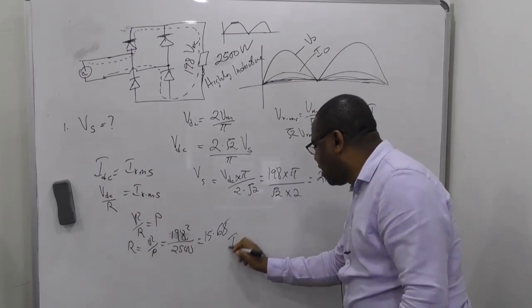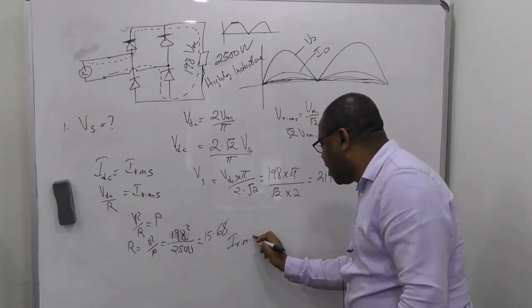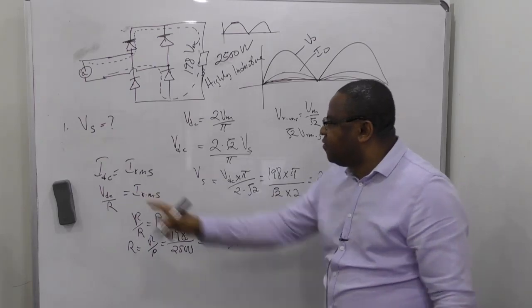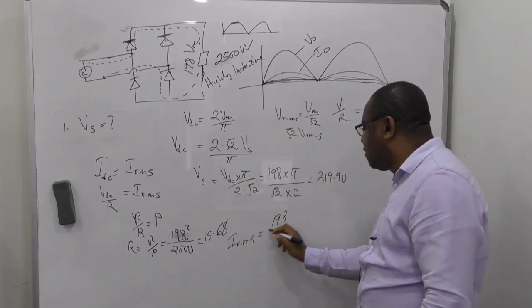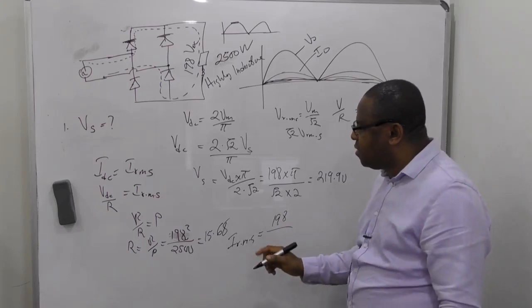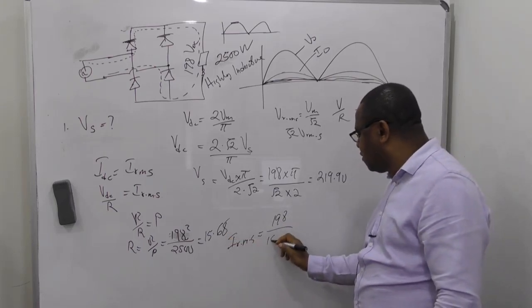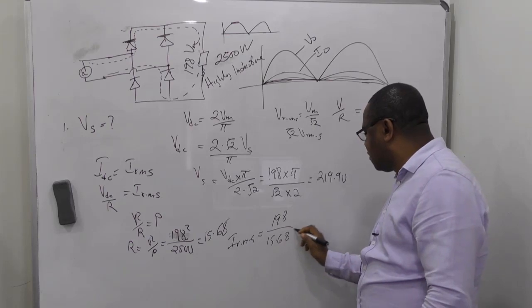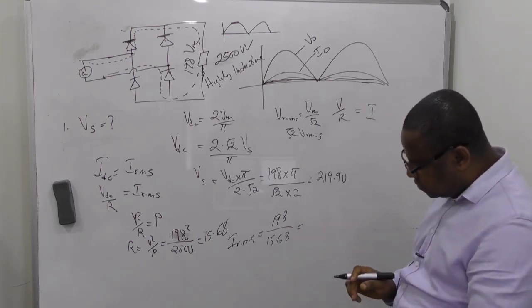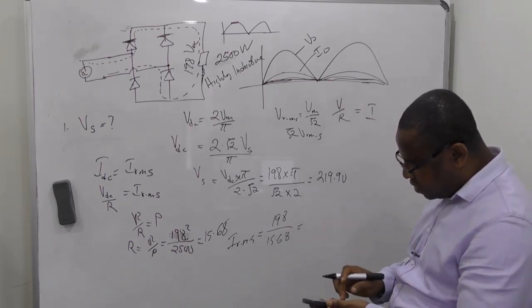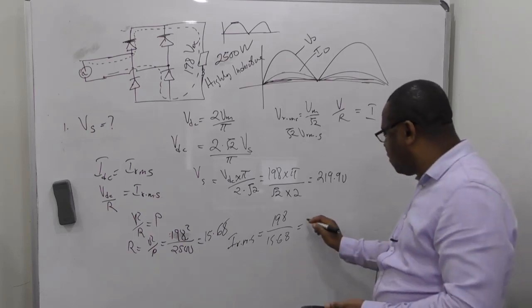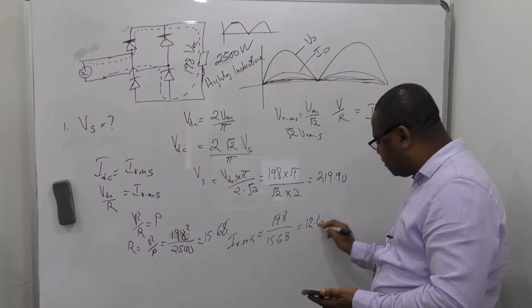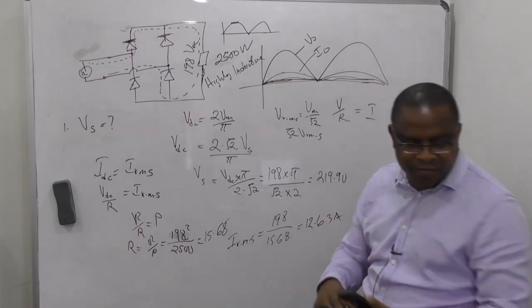That means IRMS is VDC, which is 198, all over the resistance, 15.68. 198 divided by 15.68 will give you 12.63 amps.